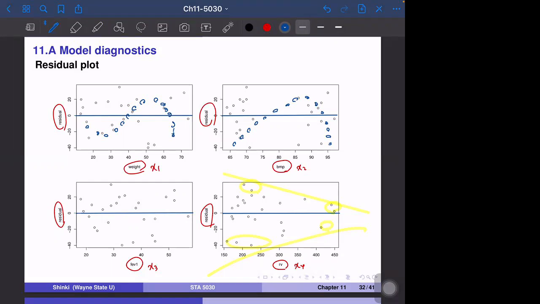And also, sometimes the error size is much larger for the larger X. So the typical case is, okay, errors are very small around here, but much larger around here. So that is the case.